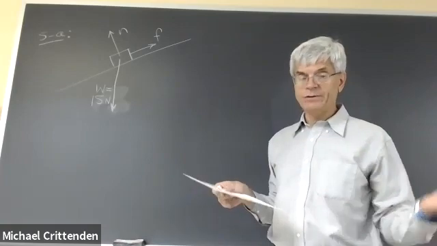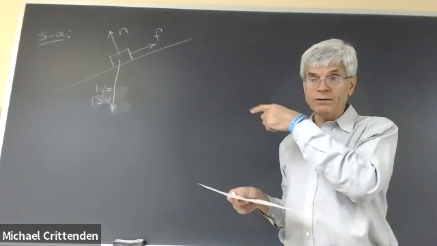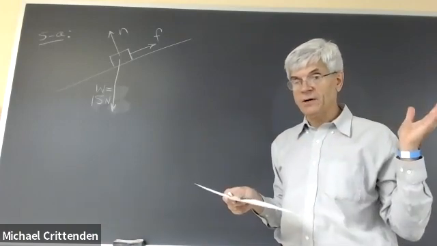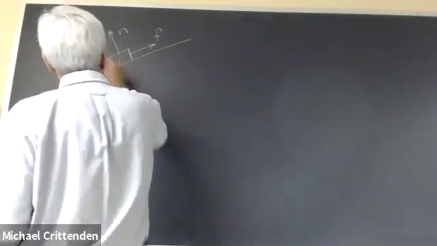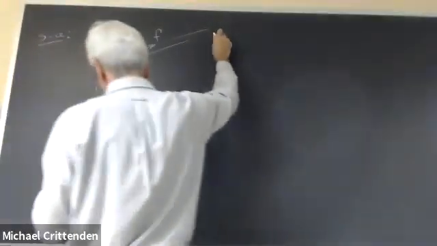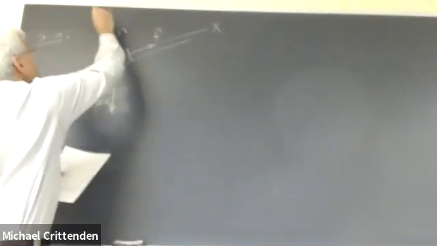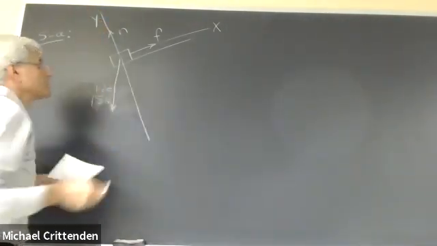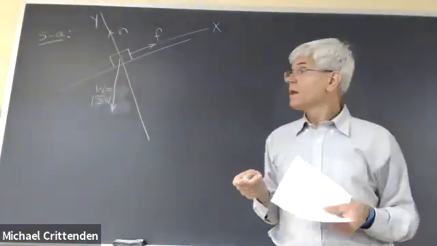Step two, components. Well, like I said, you could do the components horizontal and vertical. It would take you twice as long to solve the problem, but you'd get the right answer if you didn't make any mistakes in all of that. But it's going to be better if you say the x-axis is along the ramp and the y-axis is perpendicular to the ramp, like that.